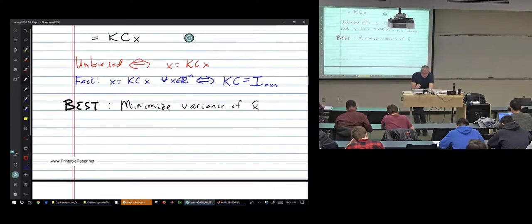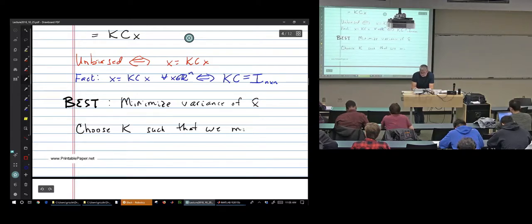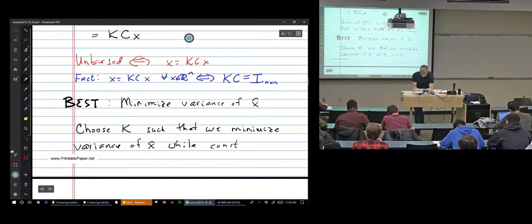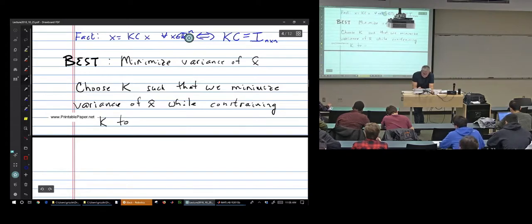Okay? So that means we need to choose our gain in our estimator such that we minimize the variance of X hat while constraining K to give us an unbiased estimator.